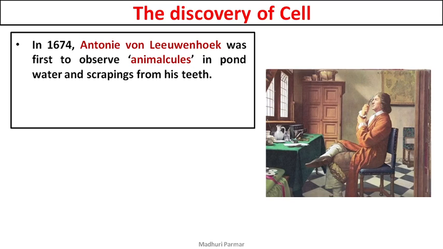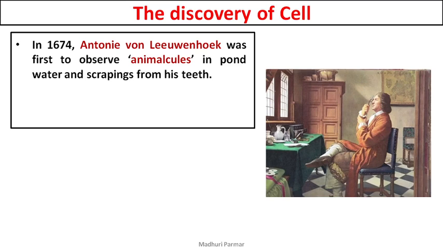And where did he observe these living cells from? He observed them from pond water and scrapings from his teeth. So he was a very curious fellow. Okay, any scientist has that basic level of curiosity. So he also always had that curiosity. He used to go and pick up random things and try to look at these things under the microscope.